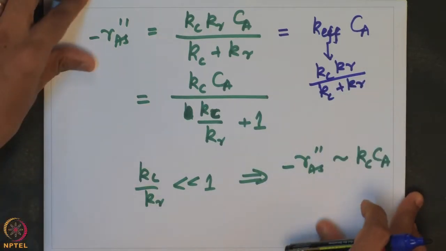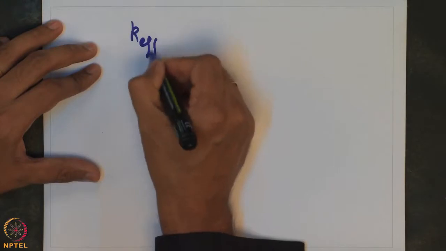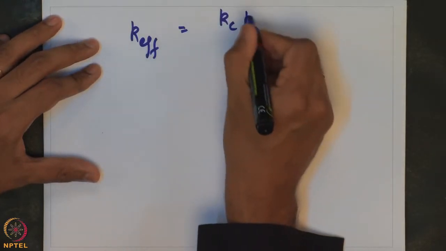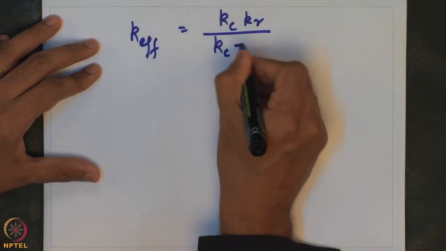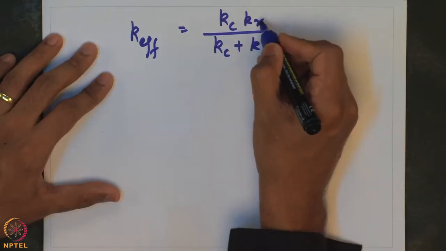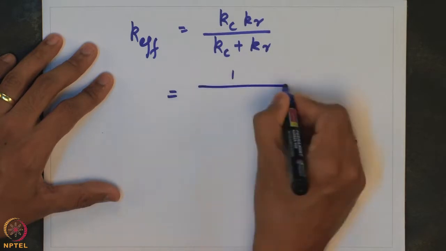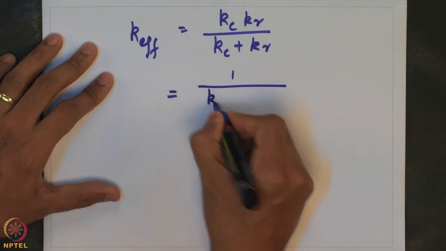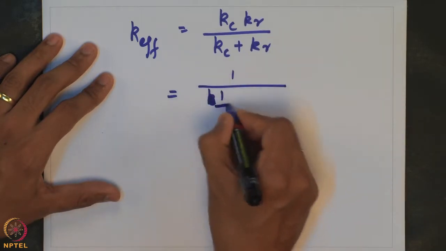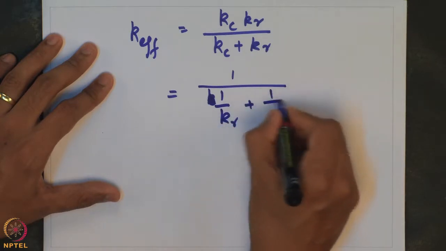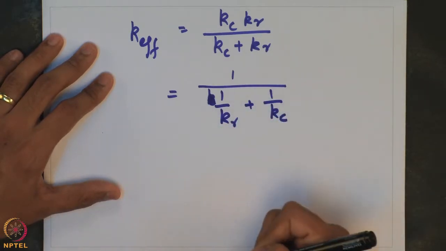If I slightly rewrite this, K effective is equal to Kc Kr by Kc plus Kr; dividing the numerator and denominator by Kc and Kr, I essentially have 1 divided by 1 by Kr plus 1 by Kc.